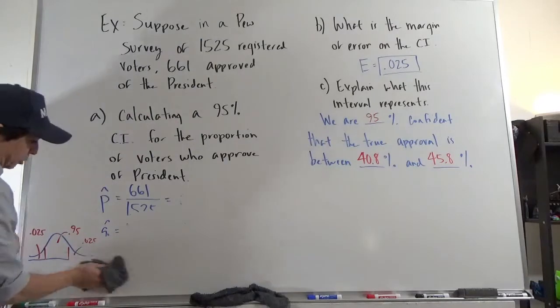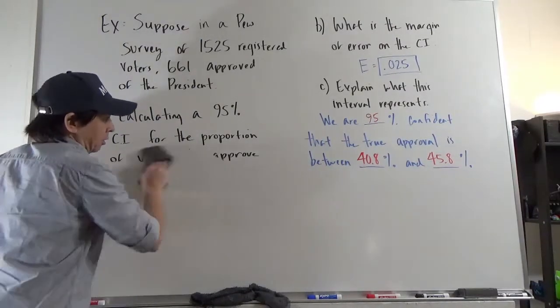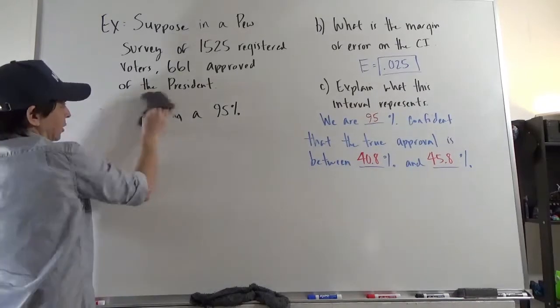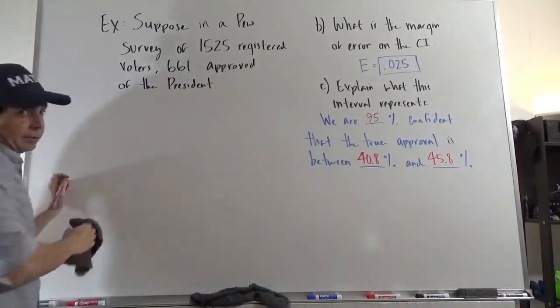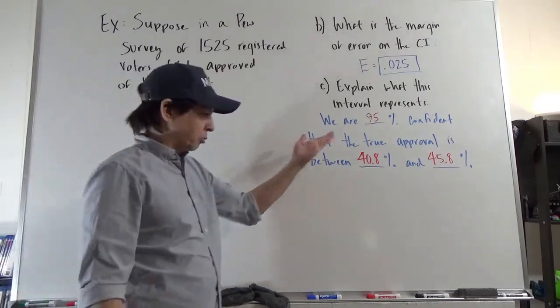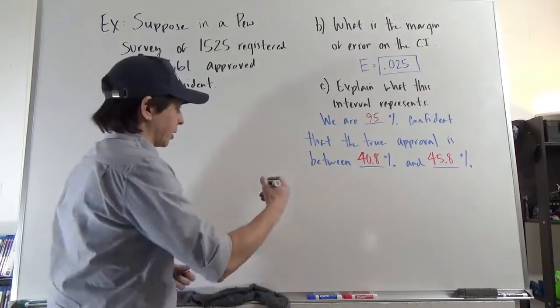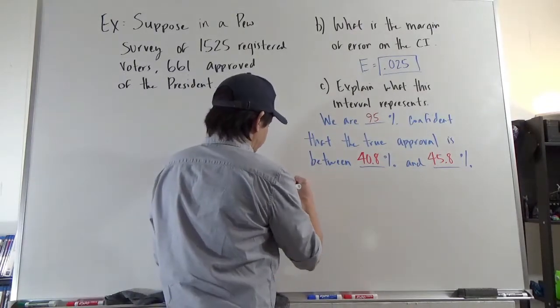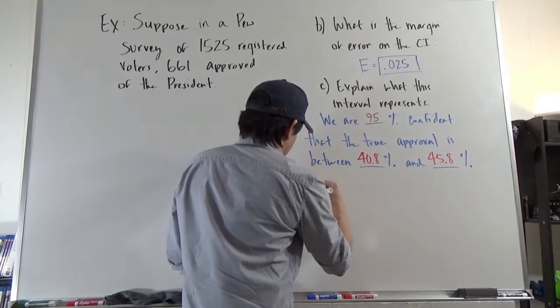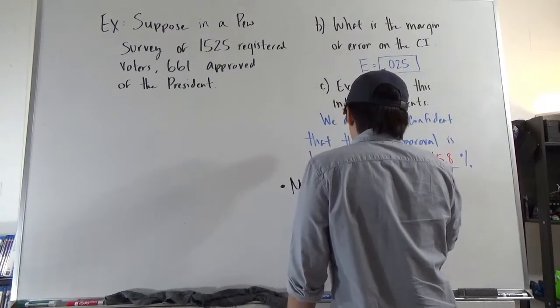So this is probably an actual survey. Pew is a polling agency that does all kinds of things, but every day they'll present presidential approval, their estimate for it. They will also give it in a different form. The media reports these all the time, literally every day.